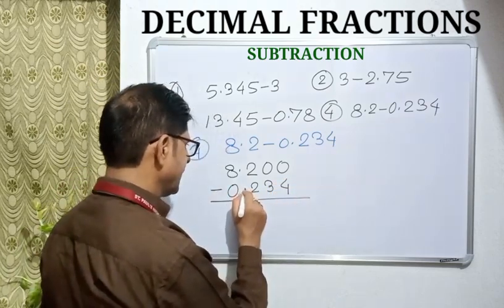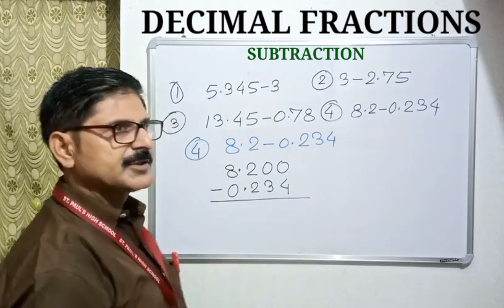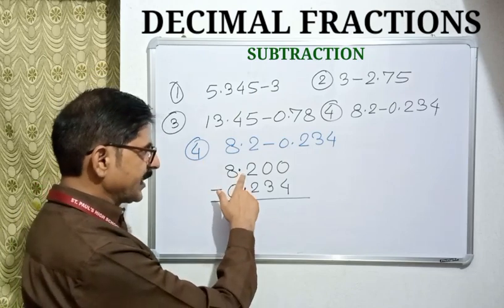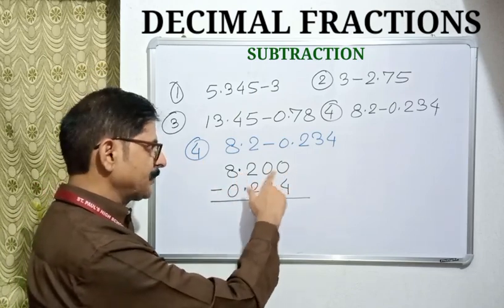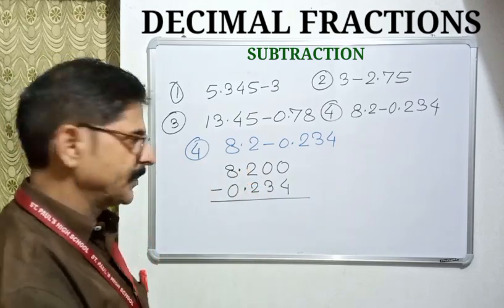The only thing you need to keep in mind for the purpose of addition and subtraction is that there should be an equal number of decimal places in both the numbers or all the given numbers.